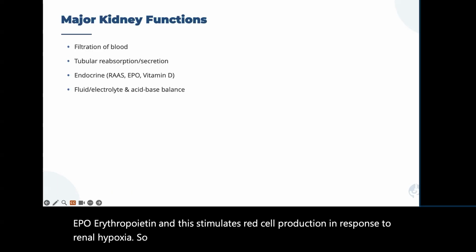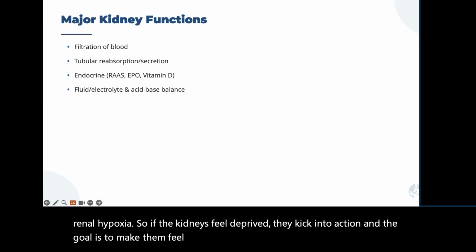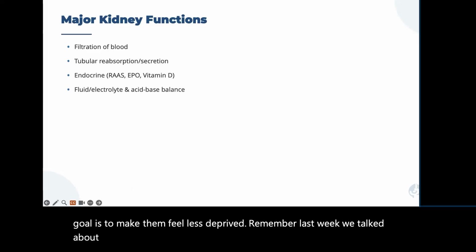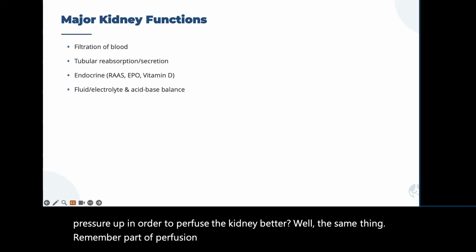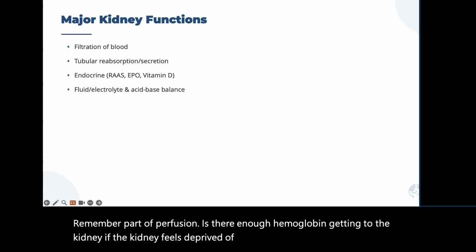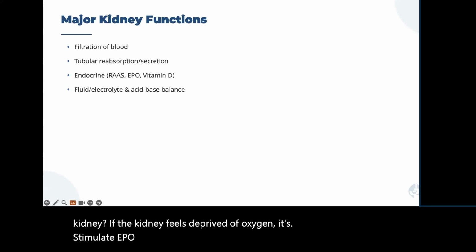So if the kidneys feel deprived, they kick into action, and the goal is to make them feel less deprived. Remember last week we talked about the low flow state triggering the RAS system to get the blood pressure up in order to perfuse the kidney better? Well, the same thing. Part of perfusion is whether there is enough hemoglobin getting to the kidney. If the kidney feels deprived of oxygen, it's going to stimulate EPO production to make more red blood cells.